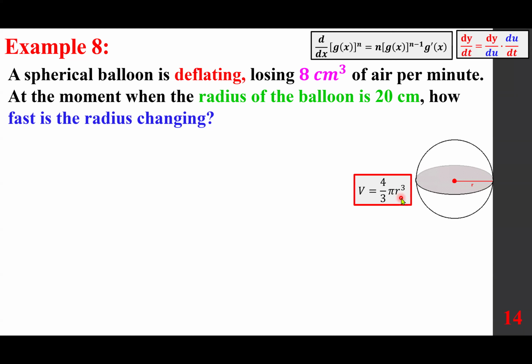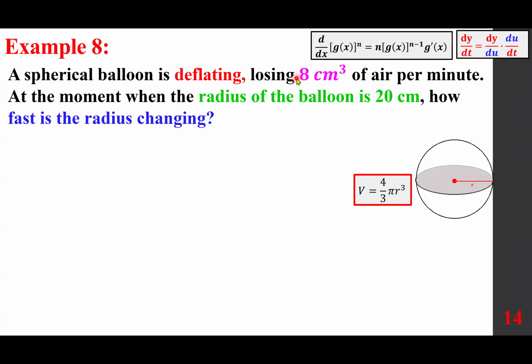Let's reread the question. So it's deflating, losing 8 cubic centimeters of air per minute. So right here, it tells you it's a dV dt, it's the rate, it is minus, and that's the point, deflating or losing, minus 8 cubic centimeters per minute.